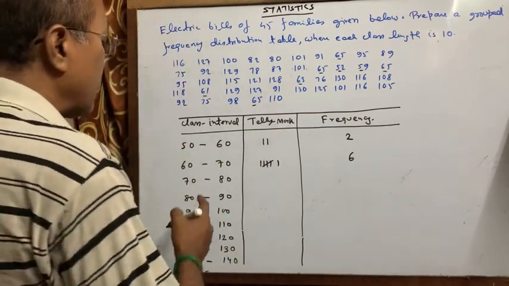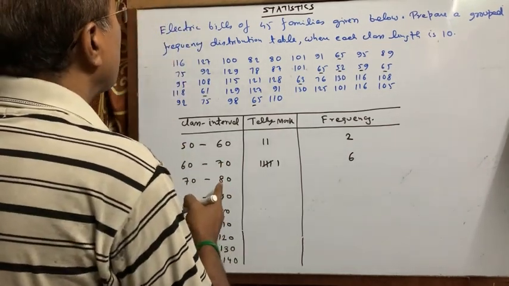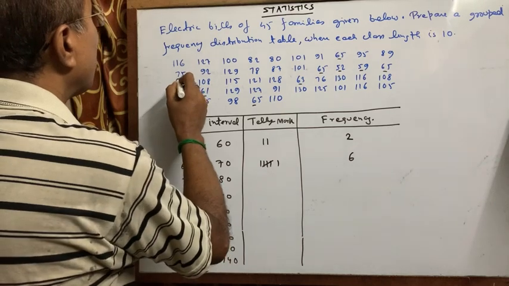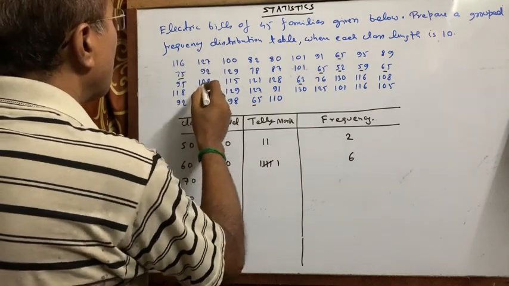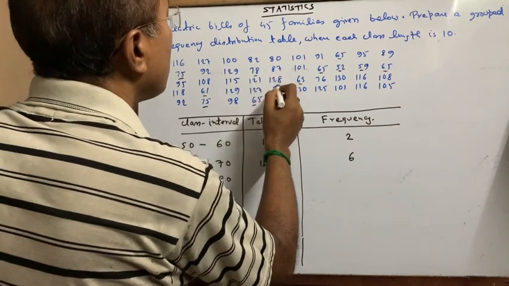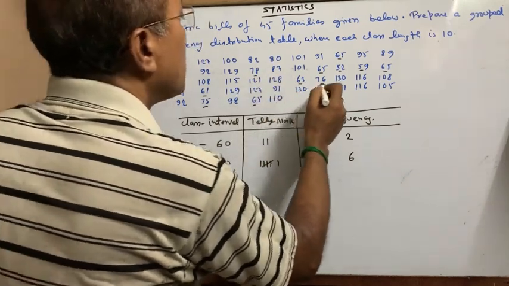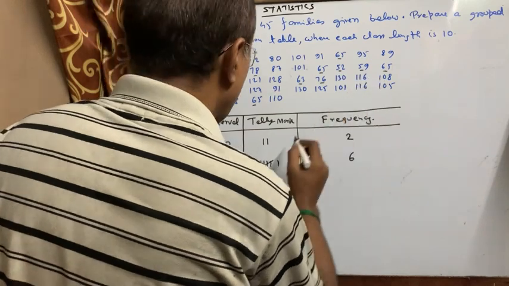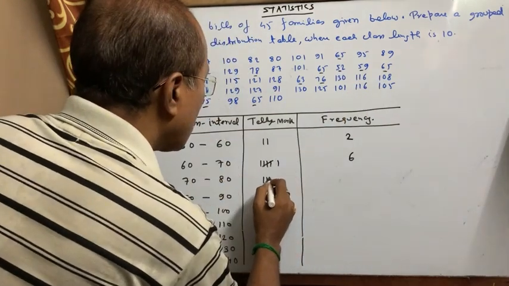Now 70 to 80 we have to find: 1, 2, 3, 4.